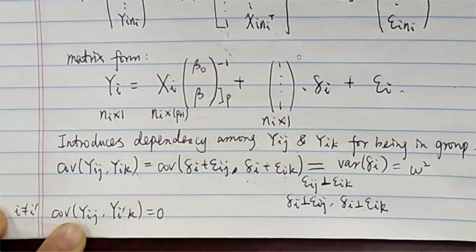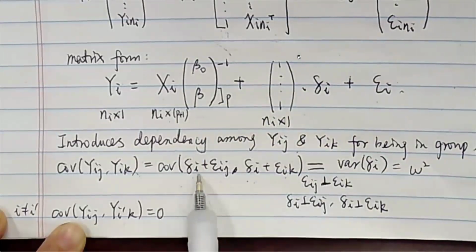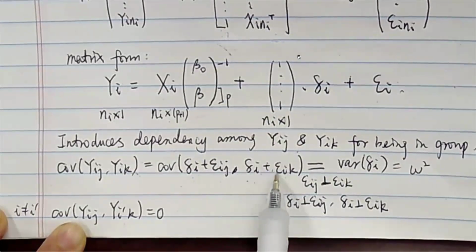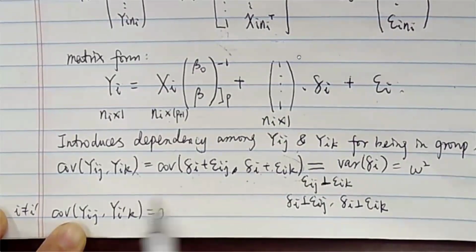The reason is that you would have delta_i plus epsilon_ij, and this one becomes delta_i' plus epsilon_i'k. Then everything will become independent of each other. So we don't have the between-group dependencies among observations.